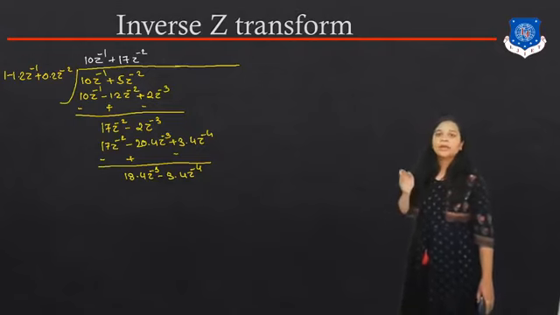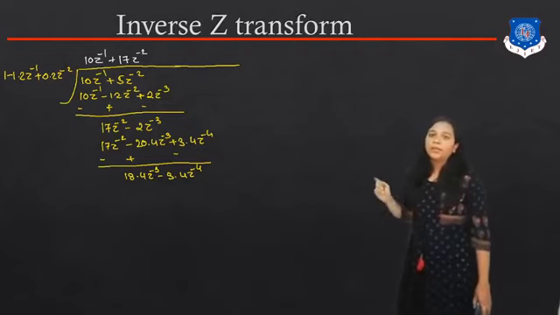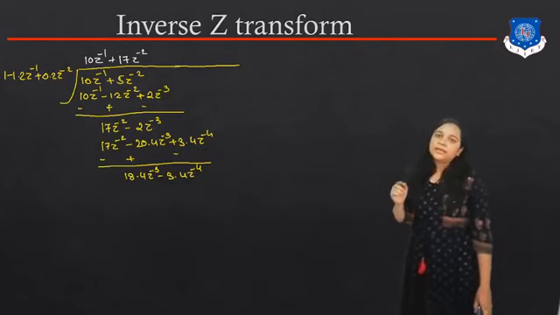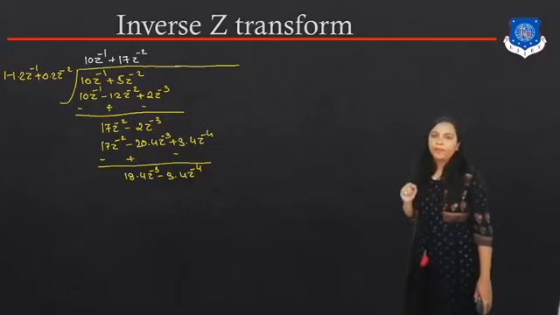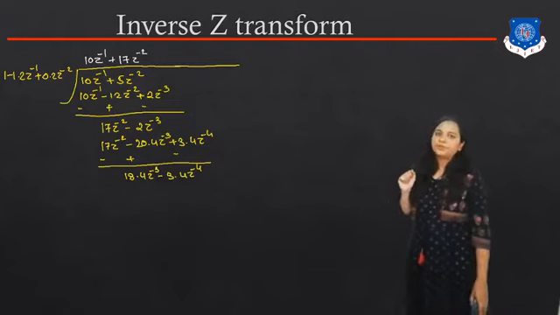Combining with minus 2 z to the minus 3, we get 18.4 z to the minus 3 and minus 3.4 z to the minus 4.